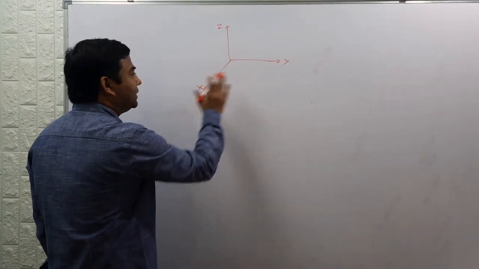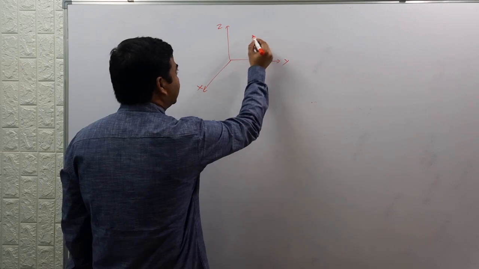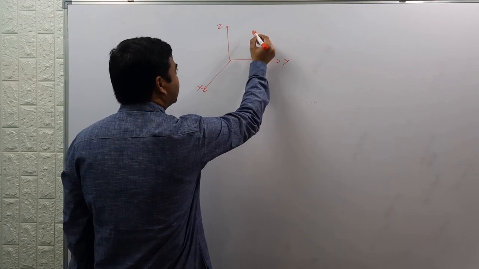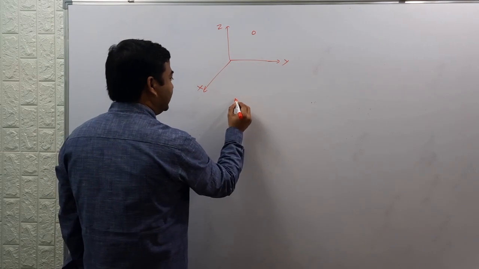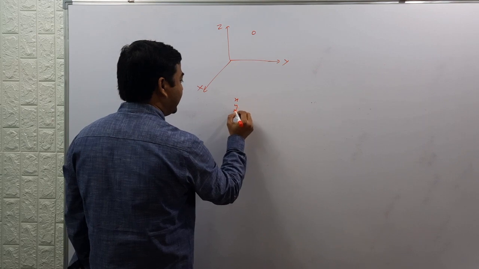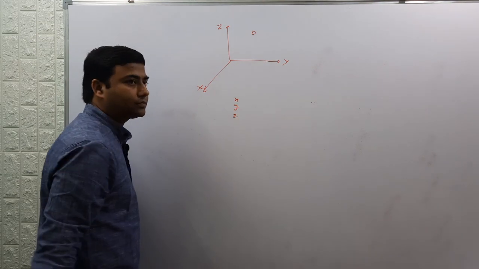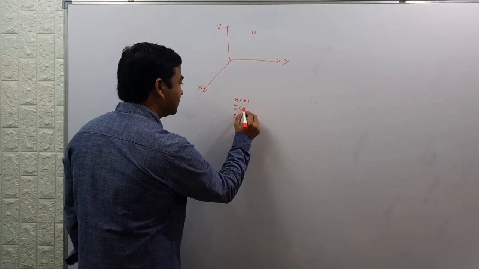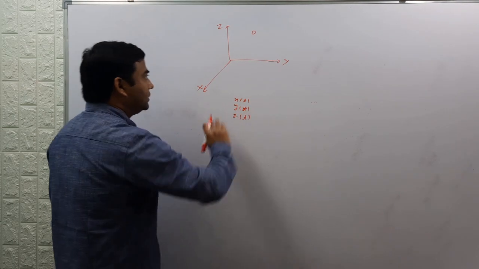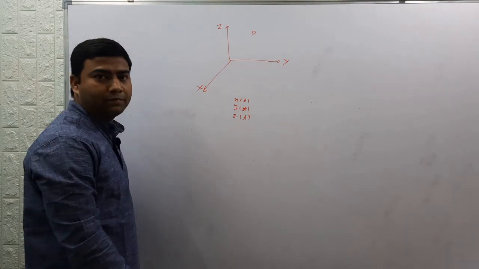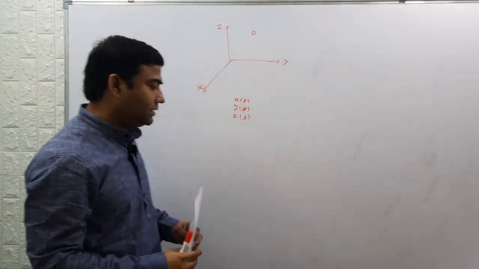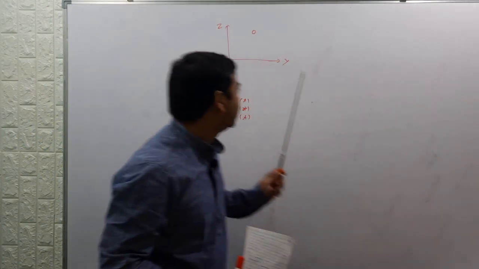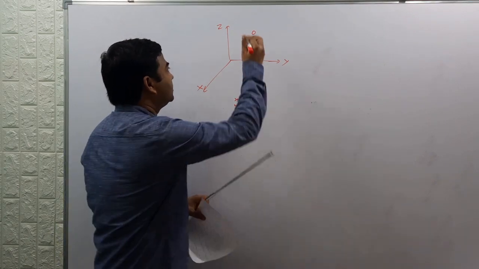For a single reference frame, let an object P have x, y, z coordinates. This object is moving in this reference frame.